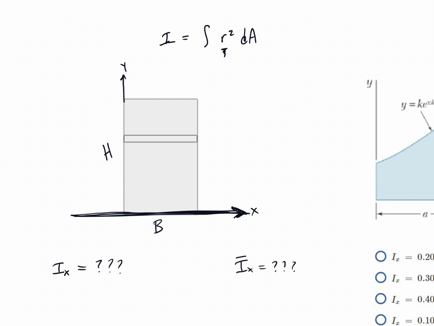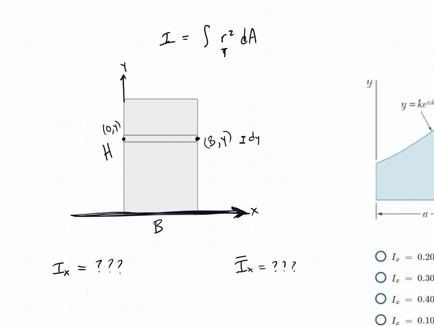All right, so we've got a little position right here. And that position is in the x direction b, and in the y direction, it's y. Now this position right here, in the x direction is 0, and the y direction is just some y. The thickness of this box is going to be dy.